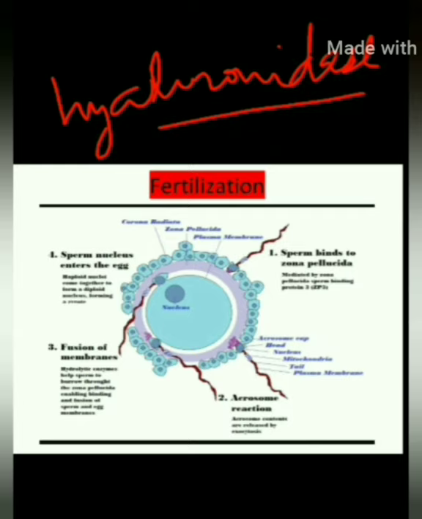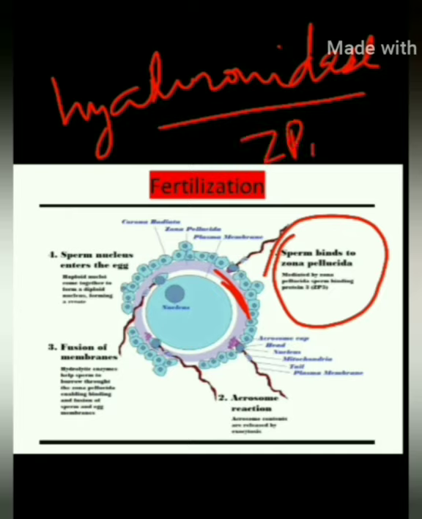Then the sperm binds with the zona pellucida and releases zona lysine, which is responsible for breaking down the zona pellucida. They recognize the zona pellucida through receptor proteins ZP1, ZP2, ZP3, which I told you about in my previous video, so you can go for that one. Through this the sperm breaks the zona pellucida and ultimately enters the plasma membrane.